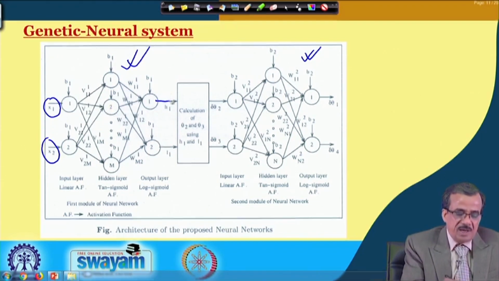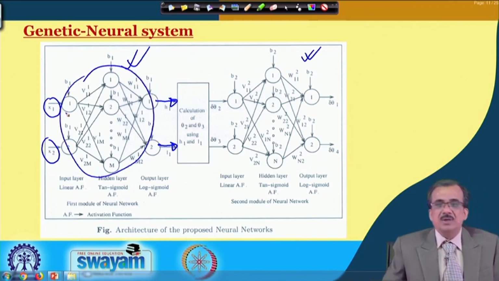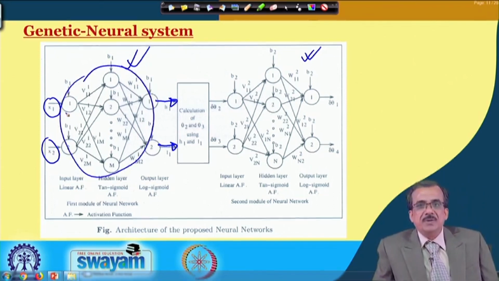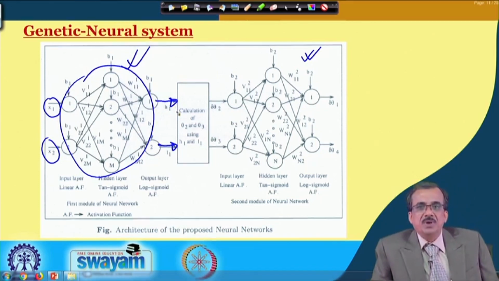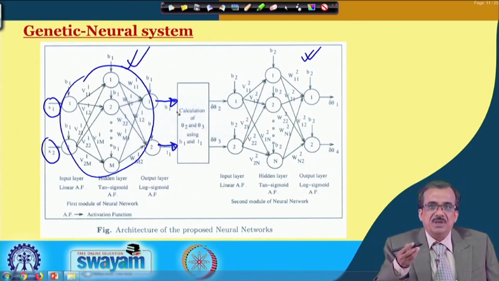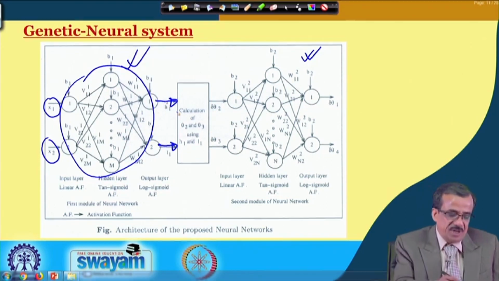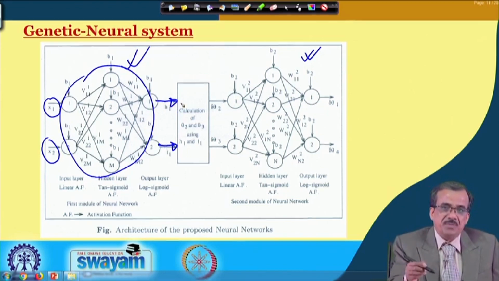So, ultimately I will be getting this H 1 and L 1 as the output of this first network. Now, what is H 1 and L 1? H 1 and L 1 are going to tell you what should be the height of the hip and what should be your step length, or what should be the projection of the hip with respect to your ground foot.